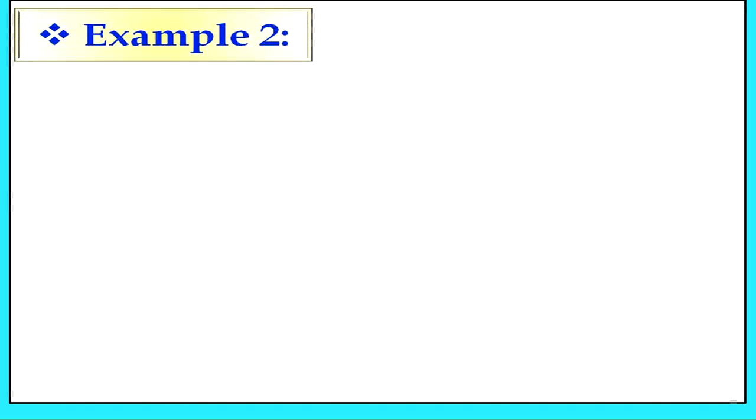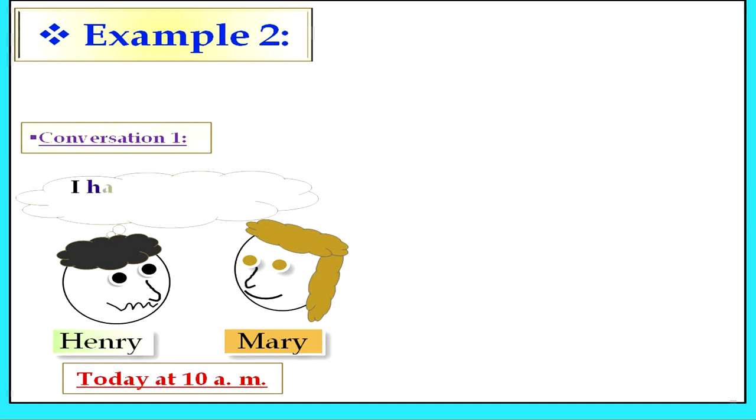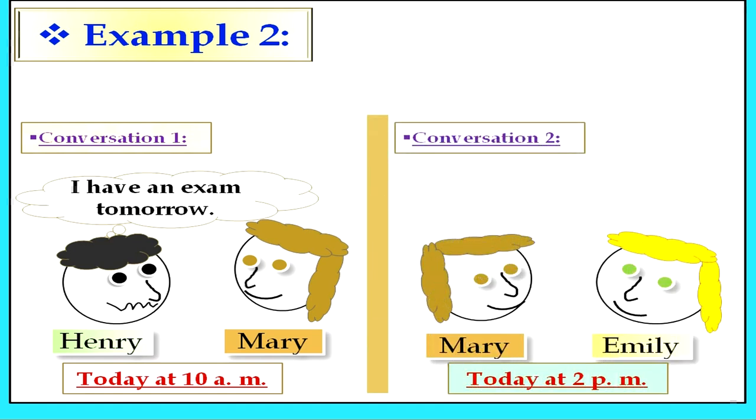Let's now look at example number 2. In this example, we have again 2 conversations. Conversation number 1 is the same conversation we had in example number 1. It's again between Henry and Mary. And conversation number 2, again it's between Mary and Emily.